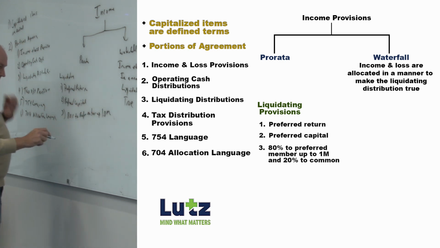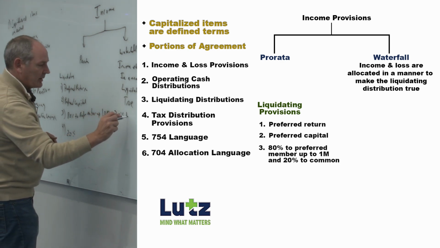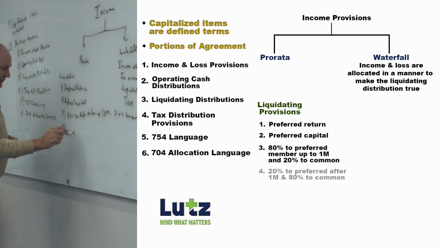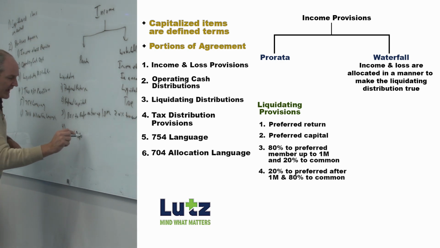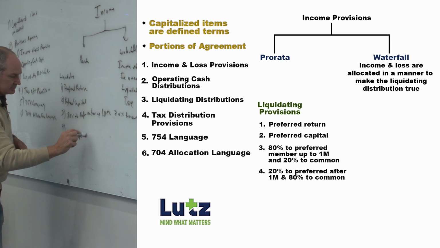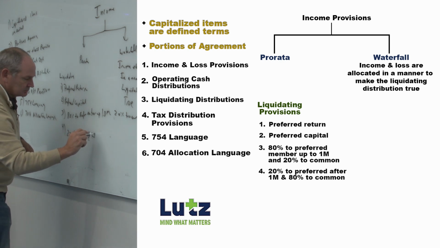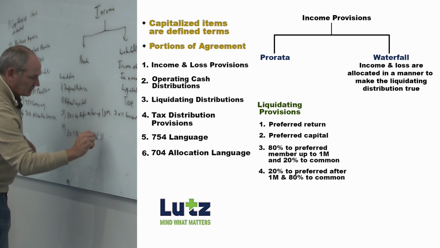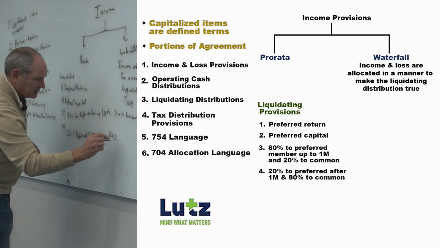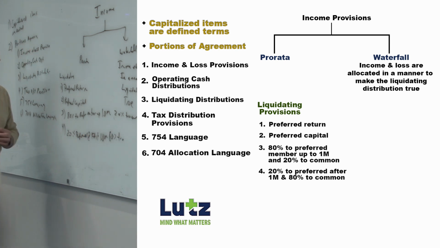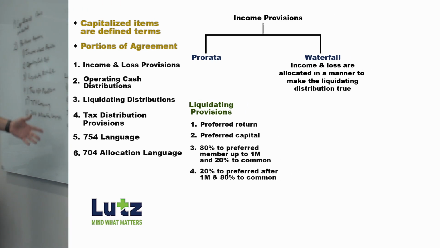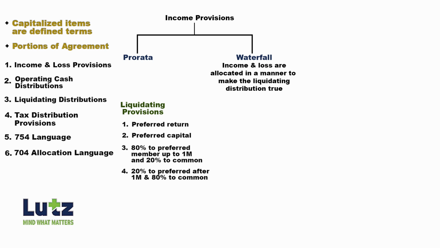Who cares? 4, 20% to preferred after the million, and 80% to common. Okay, so let's pretend that when you see this, these are going to be capitalized in the document. When you read through the liquidating provision, these items are now capitalized.